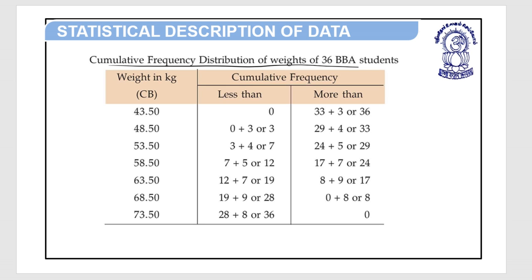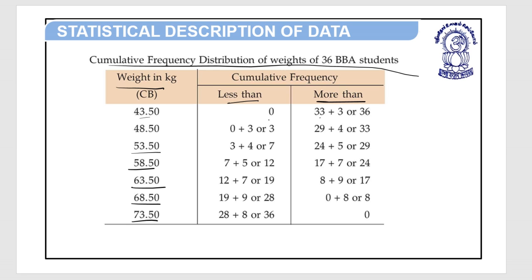Cumulative frequency distribution of weights of 36 BBA students. Weights in kg: 43.50, 48.50, 53.50, 58.50, 63.50, 68.50, 73.50. Cumulative frequency, less than and more than.